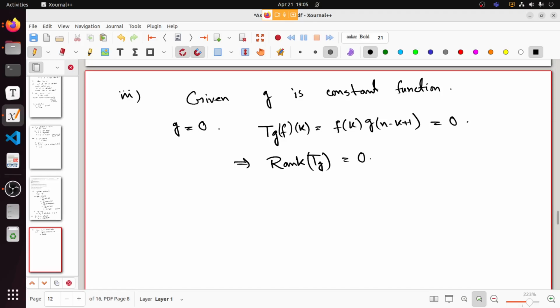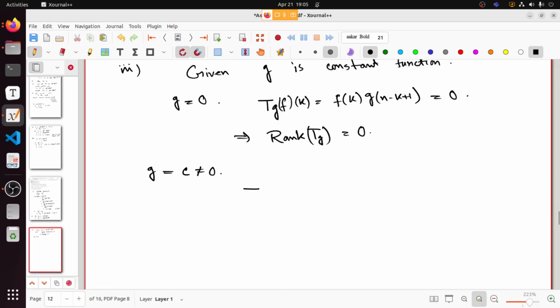Now suppose g is non-zero. So this is a constant function, some constant which is non-zero. Then what will happen to Tg of f? It will be f(k) times g(n minus k plus 1). But this is a constant, so c times f(k).